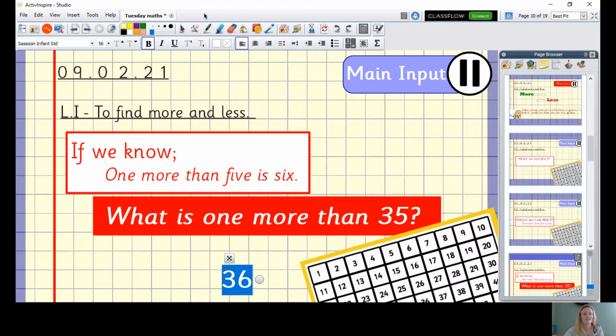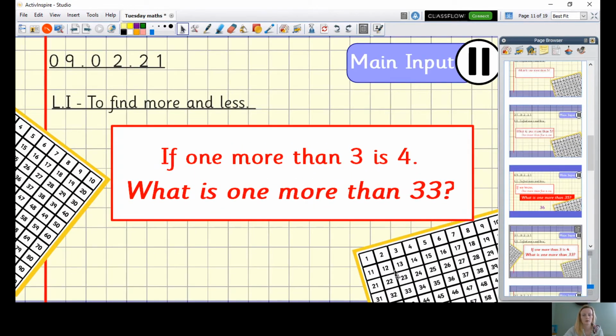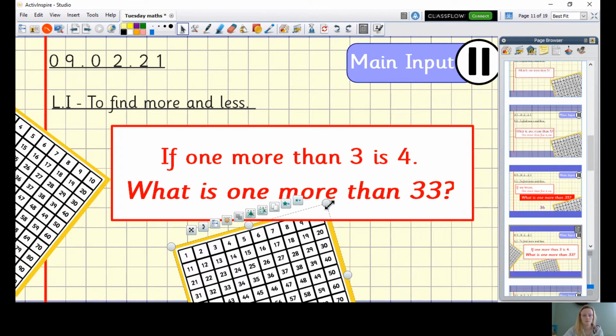36. Can you see that? Okay. So if we know that 1 more than 3 is 4, what is 1 more than 33? Okay, so you can look here. Let me show you on my number square, actually. I'll make this bigger for us.